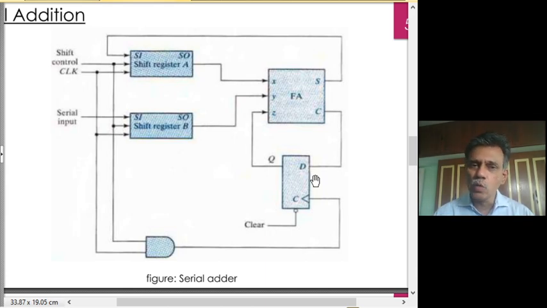You know, if you want to do a 2's complement addition, if you want to convert this B into a 2's complement number and add it with this one, you can easily change the circuit to do that. A 2's complement number is nothing but a 1's complement number with an addition of 1 at the LSB position. So if you initially set this flip-flop as 1, you are adding a 1 to this summation process.